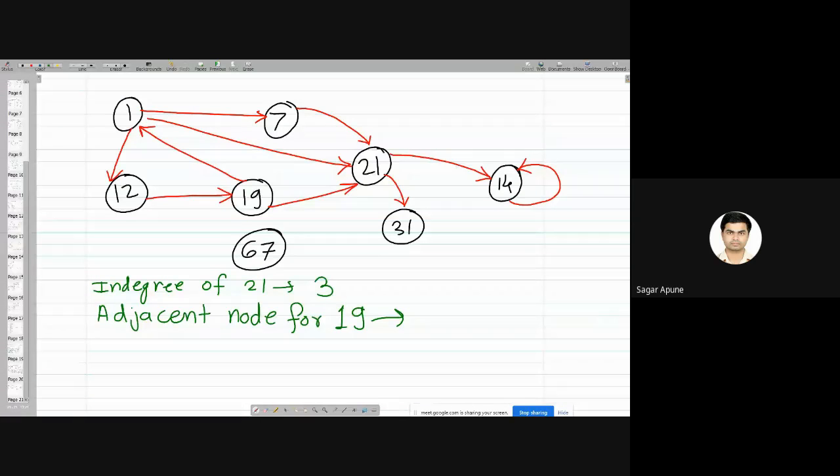Adjacent means from 19 we can reach how many nodes? From 19 there is an edge to 1, and 19 to 21. So the adjacent nodes are 1 and 21, correct. Okay, 1 and 21. These are adjacent.